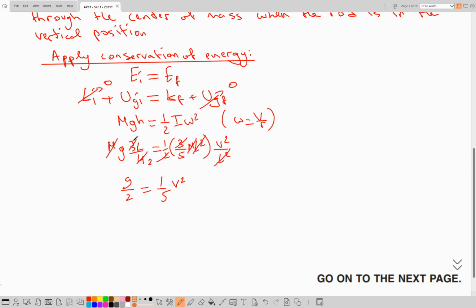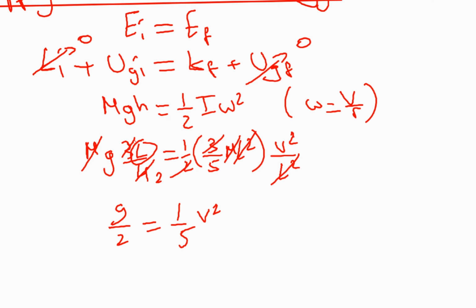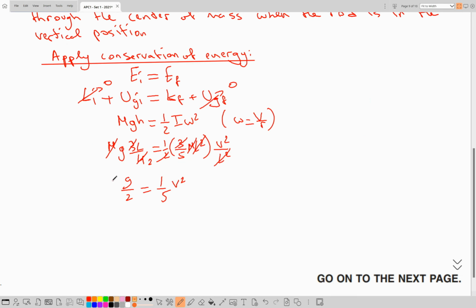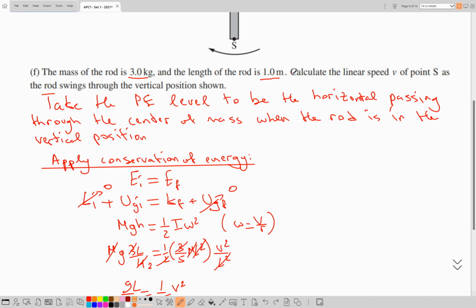Because I know that mine would be something multiplied by gL, I remembered that here I have an L. So in this case, v squared would be 5/2 Lg, which means that v is the square root of 5/2 multiplied by gL. Plugging this expression into the calculator, knowing that the length L is 1.